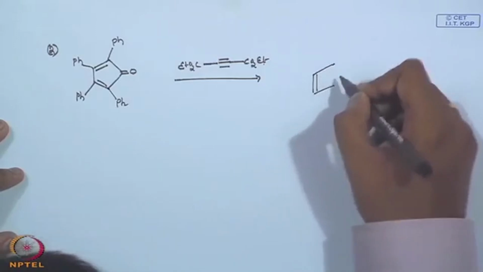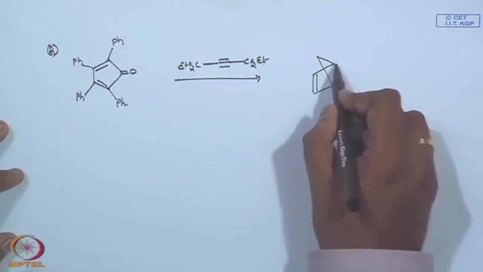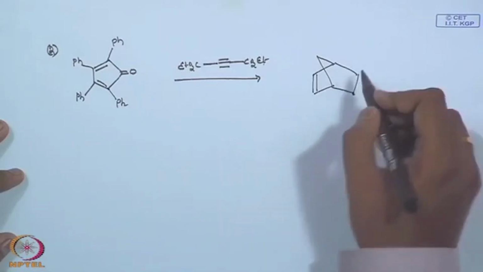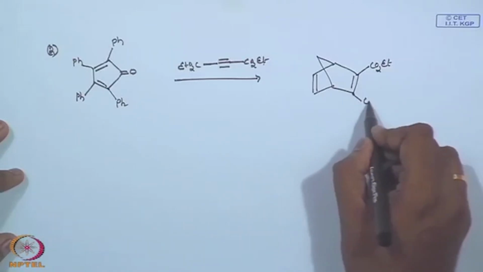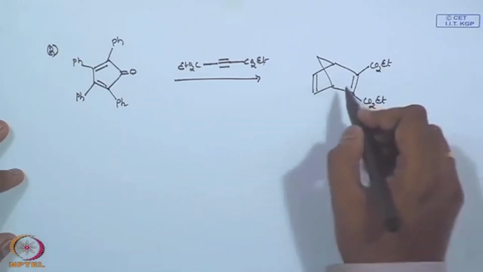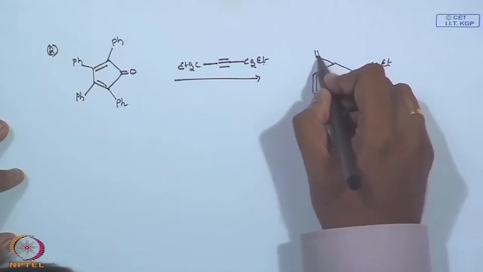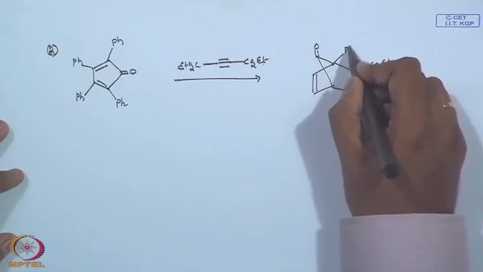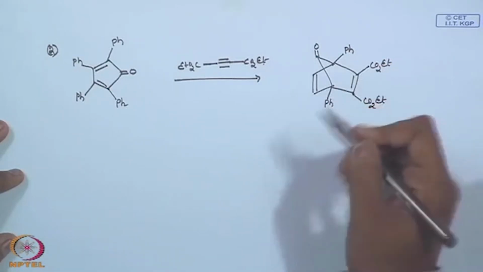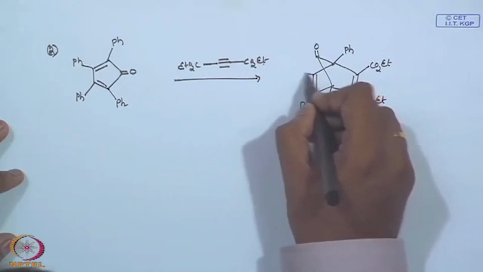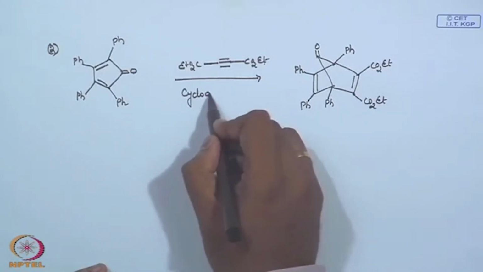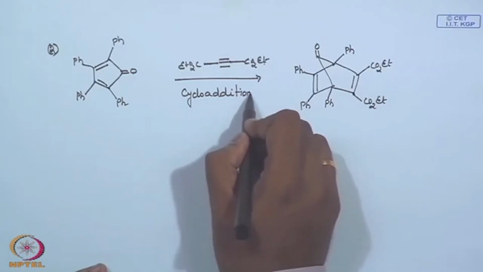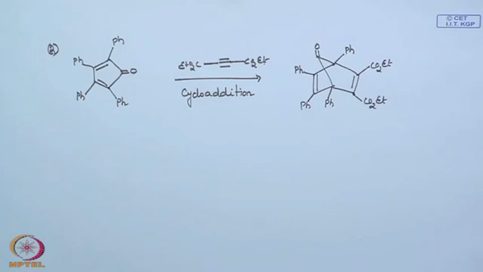Just write the product. So I get this cycloaddition product. So you get this product.